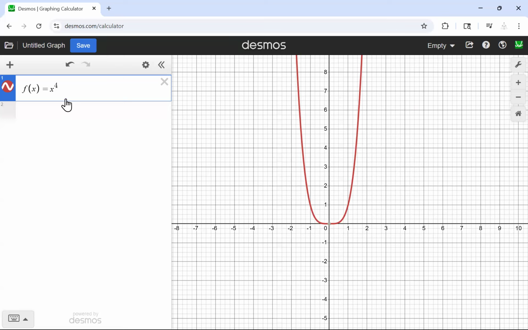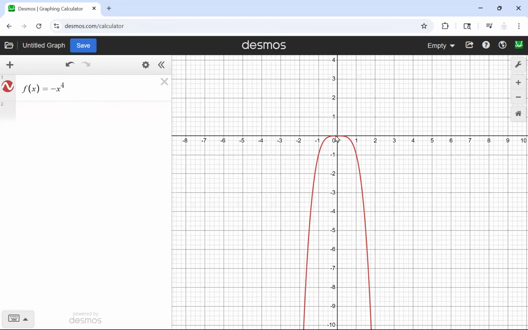That's with an even power and the coefficient being positive. If we have an even power with a coefficient being negative, then as x moves towards the left, we shoot down to negative infinity. As x moves towards the right, we shoot down to negative infinity.